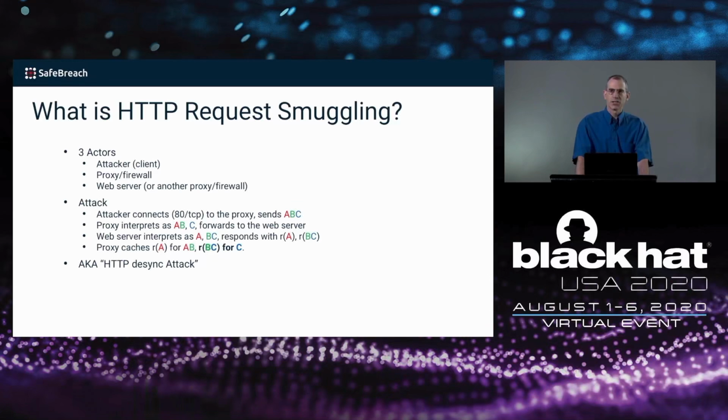The proxy then caches for AB the response that the web server provided for A. More importantly, the proxy caches for C the response that the web server generated for the messages BC. That latter part is exactly where HTTP request smuggling takes effect and ends up in web cache poisoning in this example. The HTTP request smuggling attack is also called the HTTP Desync attack, per James Kettle's recent research.